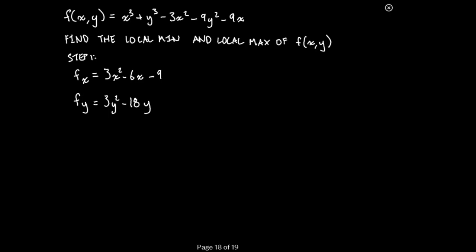Okay, each of these can be simplified a little bit by pulling out a 3. x squared minus 2x minus 9. And then here we can pull out a 3, and we have y squared minus 6y. All right, that might help a little bit later. On to step 2.